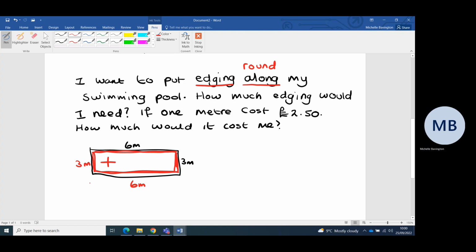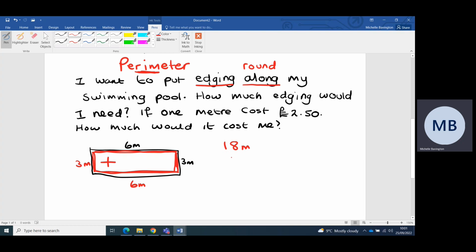Perimeter, around the outside. Perimeter is add. So 6, 12, 13, 14, 15, 16, 17, 18. It is 18 meters.